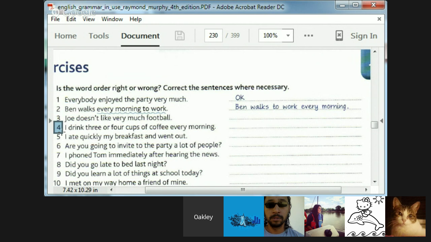Every morning I drink 3 or 4 cups of coffee. I don't think so. Okay. Another kind of English pain in the neck guideline. Probably here you don't, because it's a continuous thought. But you might put a comma after every morning, comma, I drink 3 or 4 cups of coffee.